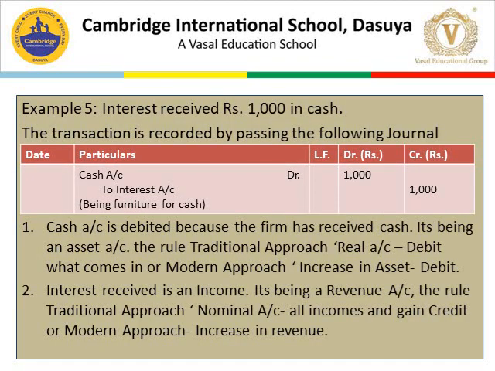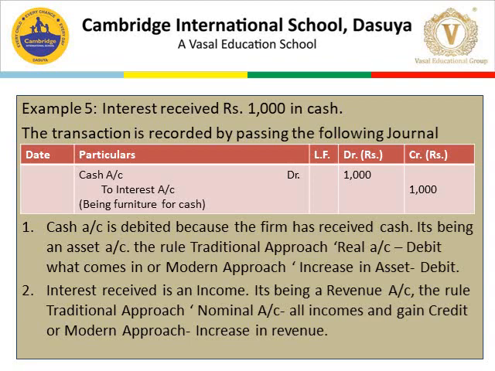Fourth example is interest received rupees 1000 in cash. The journal entry is cash account debit to interest account rupees 1000. Here is the explanation. Cash account is debited because the firm has received cash.